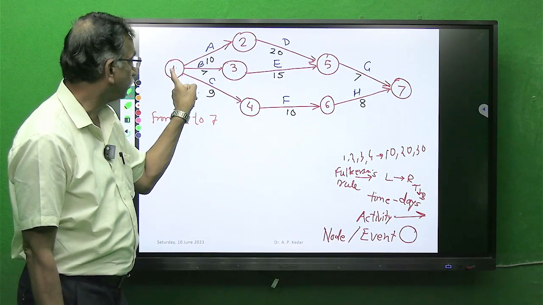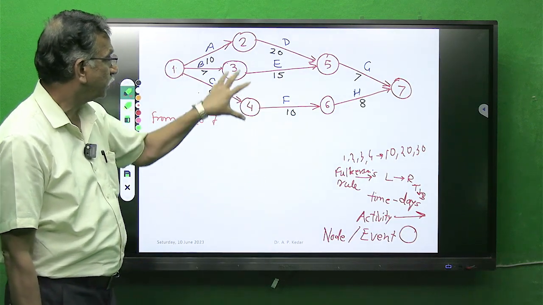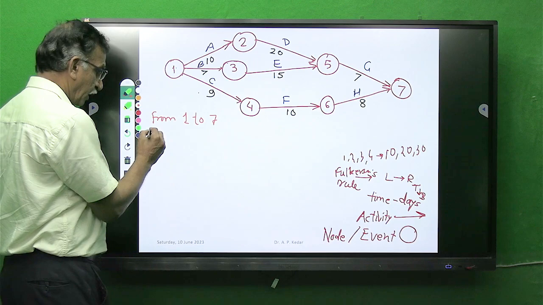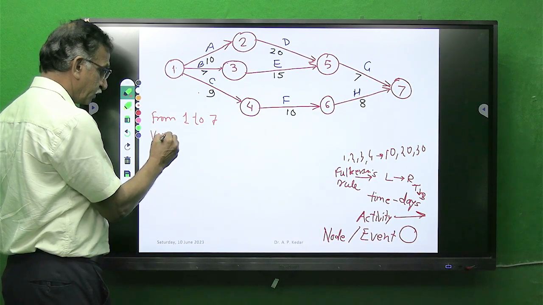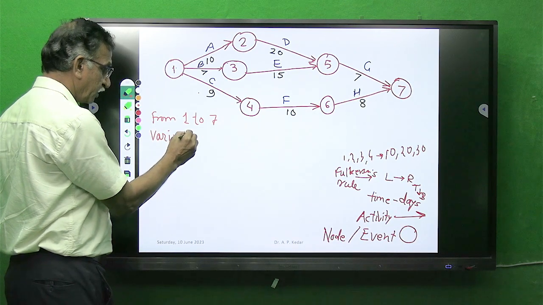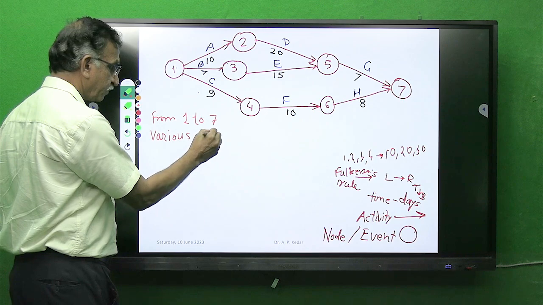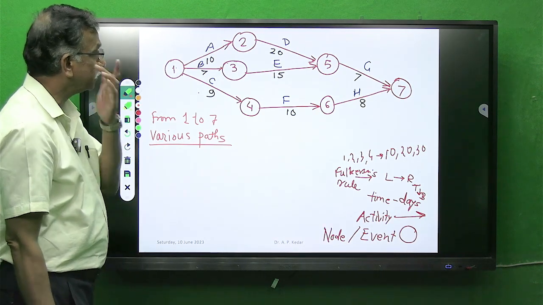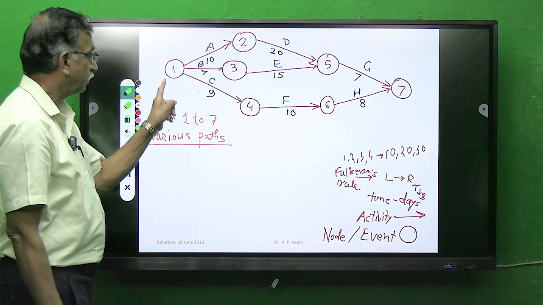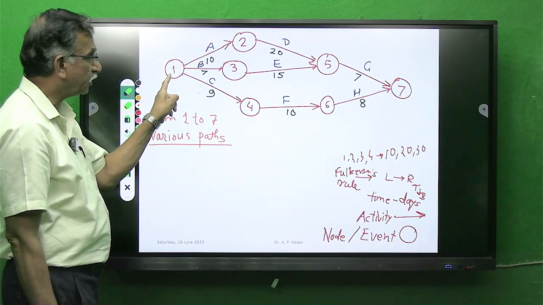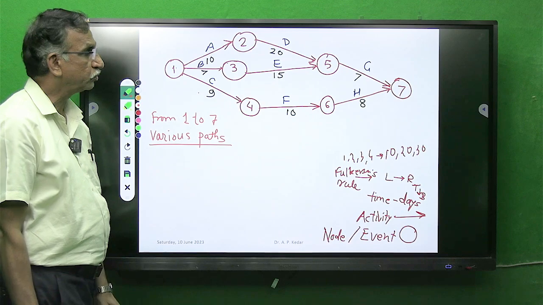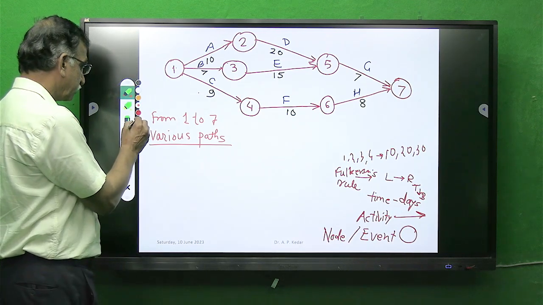For reaching from 1 to 7, looking at this network, I have various paths in this particular network which start from 1 and reach 7. So what are those paths?